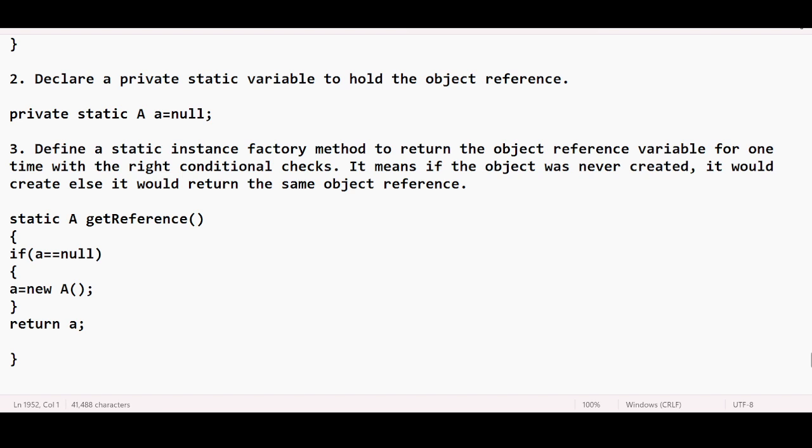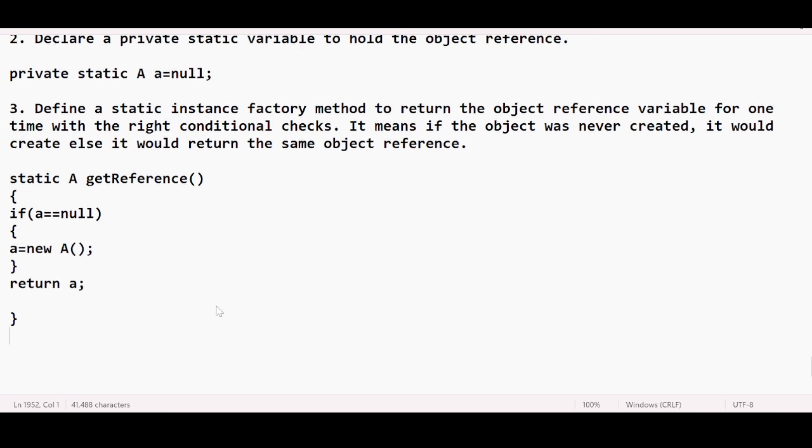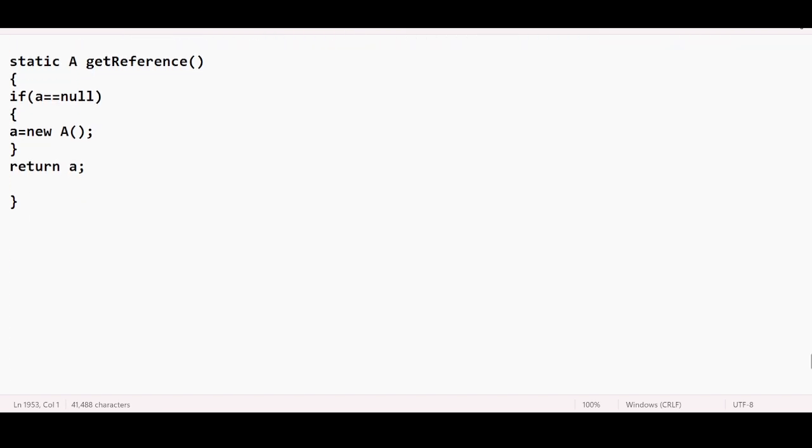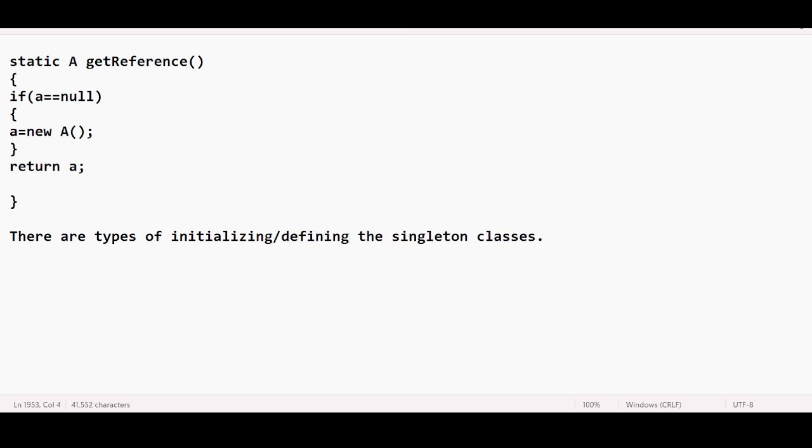These are the three rules. If you focus on these three rules, you'll get it. And again, there are two more things that you should be aware of. There are two ways of initializing, or defining, the singleton classes.